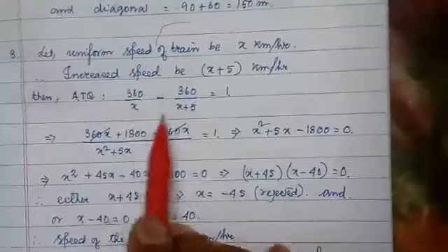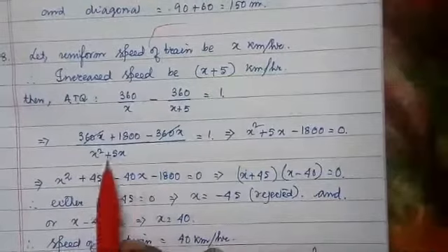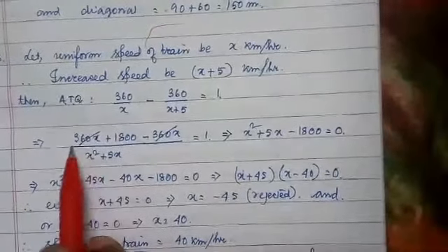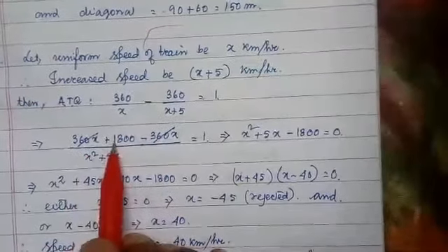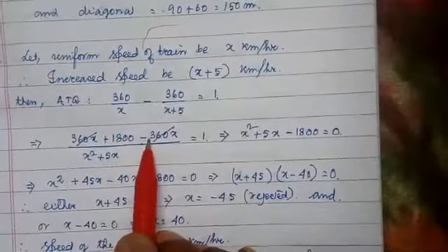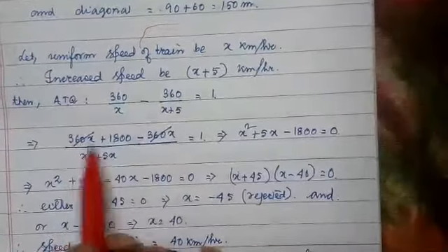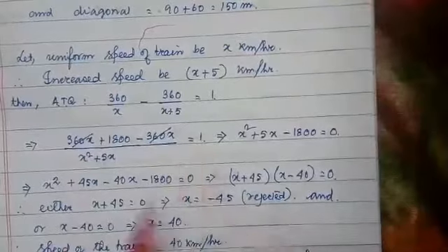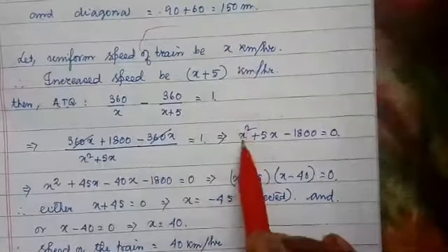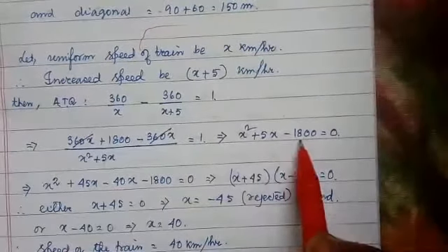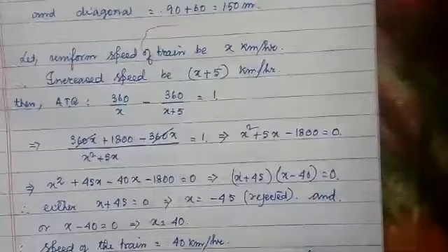So the LCM is x into x plus 5, that is x square plus 5x, and this will be 360x plus 1800 minus 360x, where 360x minus 360x cancels, is equal to 1. So we have x square plus 5x minus 1800 is equal to 0.